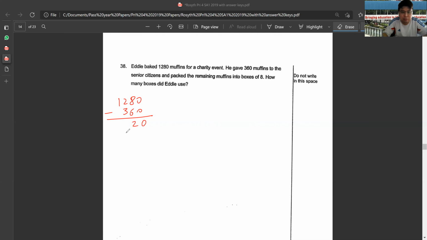What is 12 minus 3? No, because the 2 cannot minus the 3.